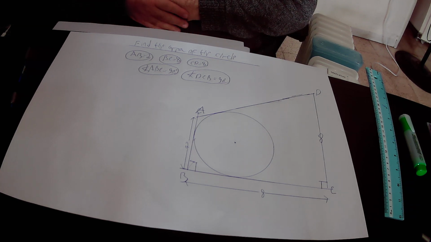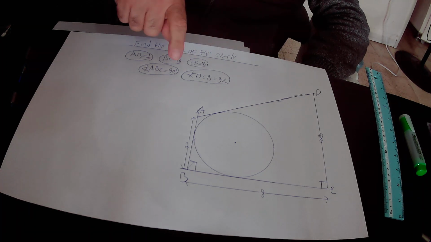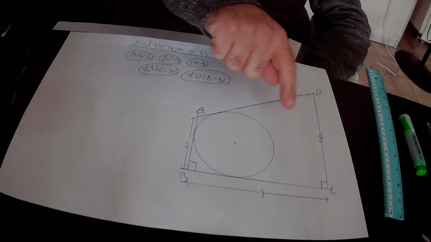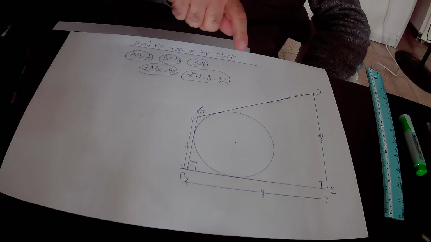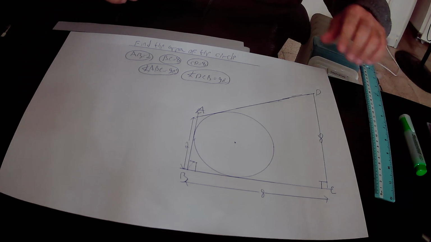So first of all, we'll do a construction. We will extend side DA and side CB of the quadrilateral until they touch each other.